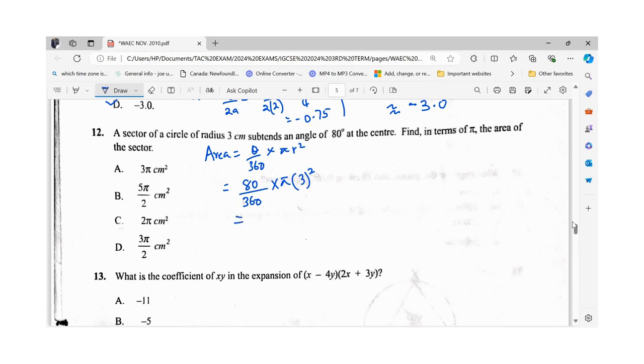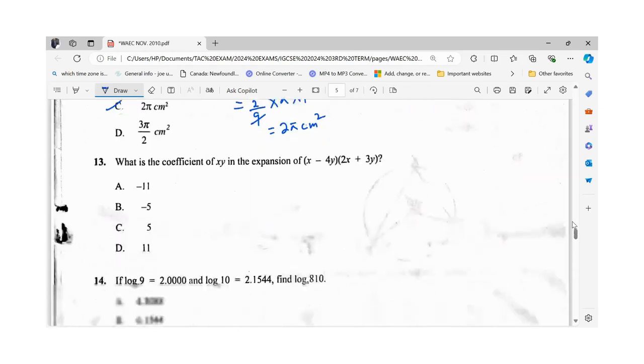If we reduce this, we use 40 here, we have 2 over 9 times pi times 9. The 9 and 9 will cancel out. We have 2 pi square centimeters. This will be the area in terms of pi, which is option C.